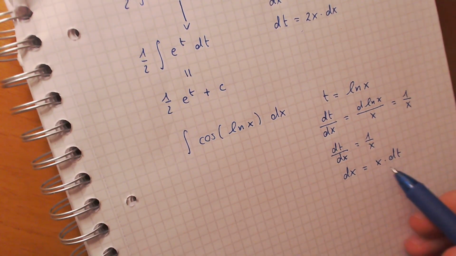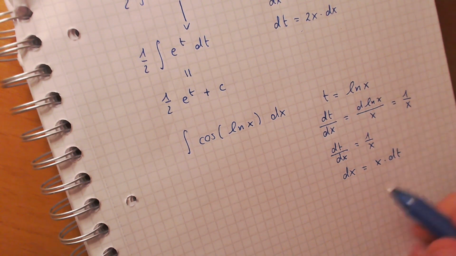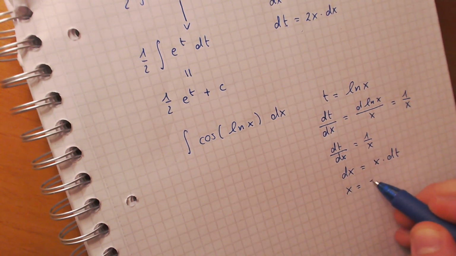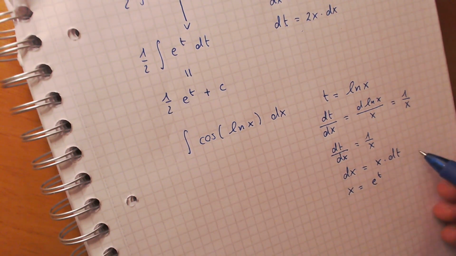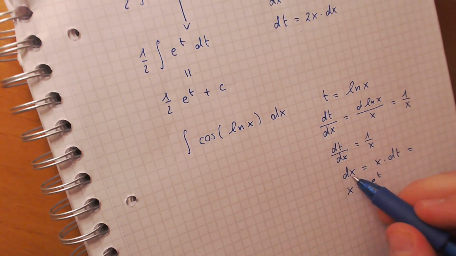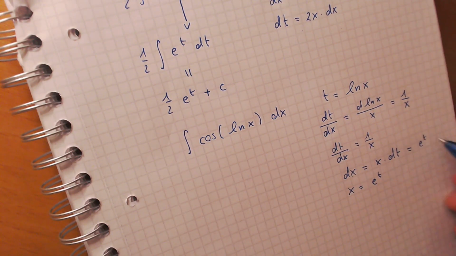But since we know that t is the natural log of x, we can say that x is e raised to the power of t. So here we can say that dx is e raised to the power of t times dt.